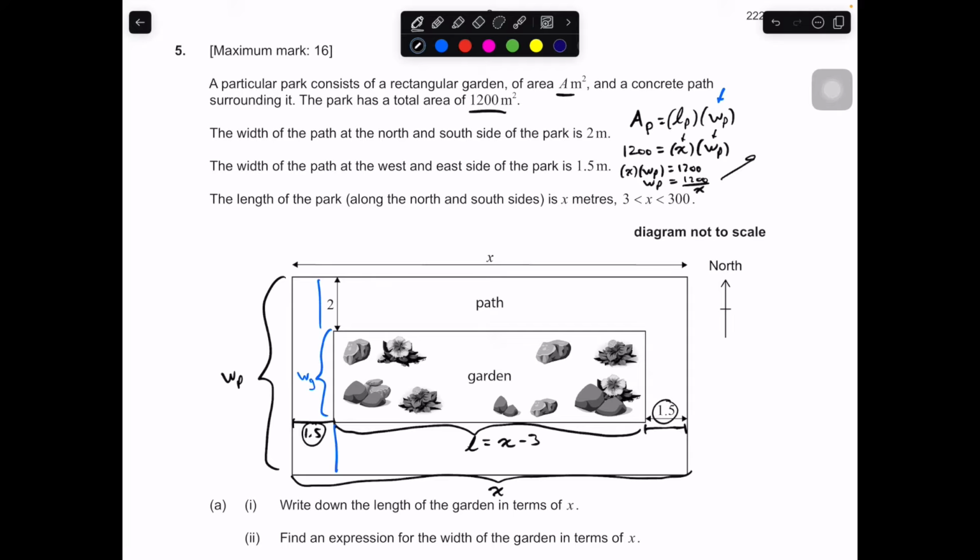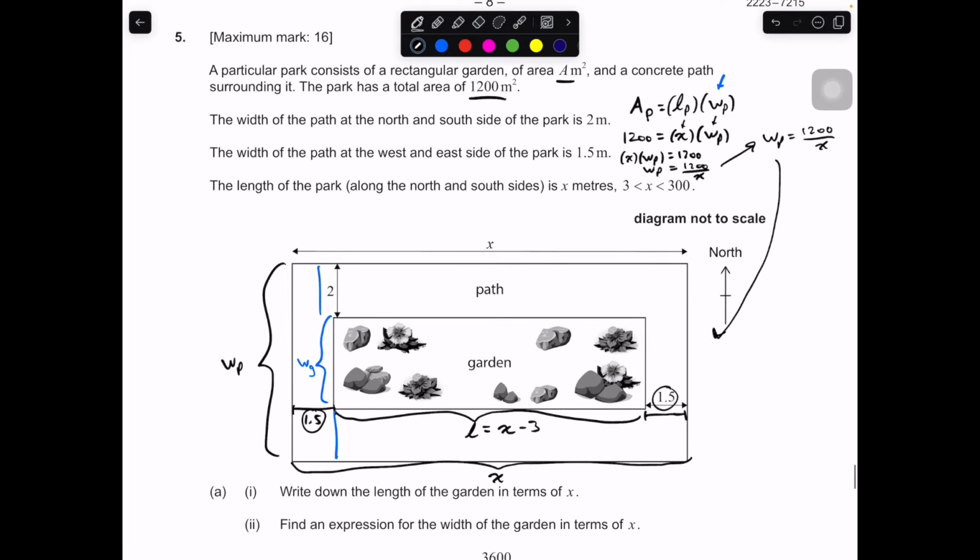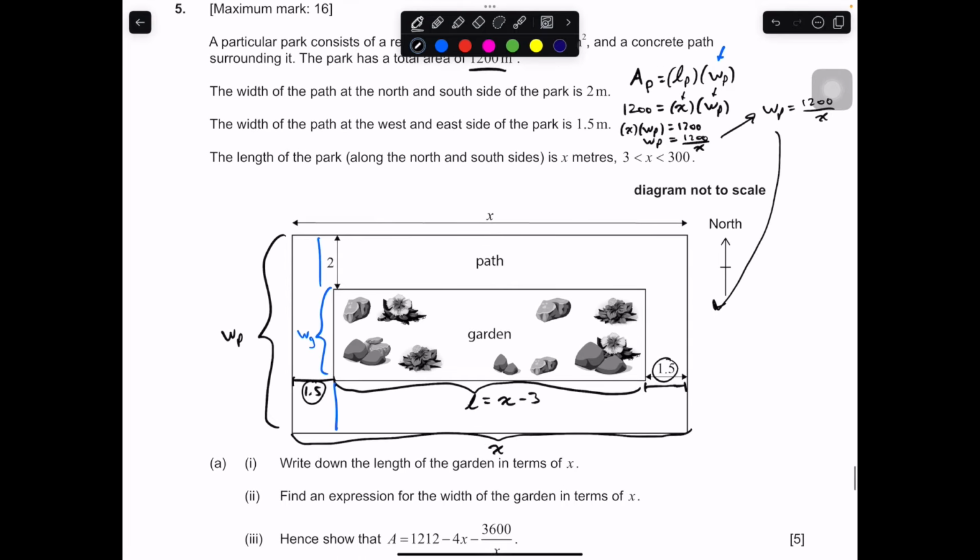Width of the park is equal to 1,200 over x. Okay, I'm actually just going to bring this down here. Sorry, this is a little cluttered. If the width of the park and the width of the garden, we're asking how are these related?